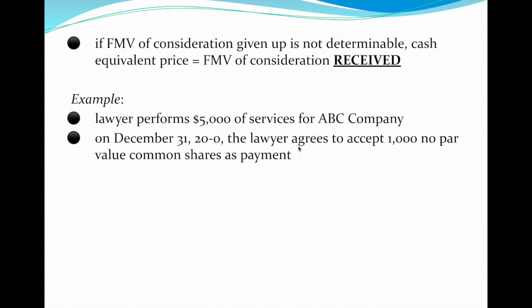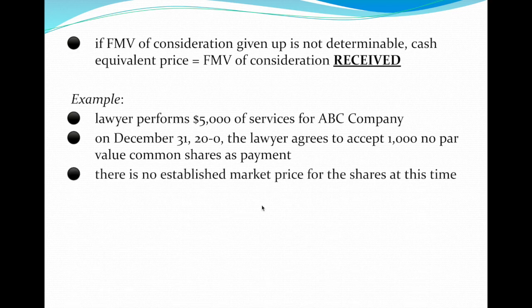So in this case, because the only thing we know with certainty is the dollar value that the lawyer has assigned to his or her services, could be much less than that, but that's what the lawyer is saying. And there's no established market price for shares at this time. Now this is an important point, because if there was an established market price for what we're giving up, then we would go for that, right?